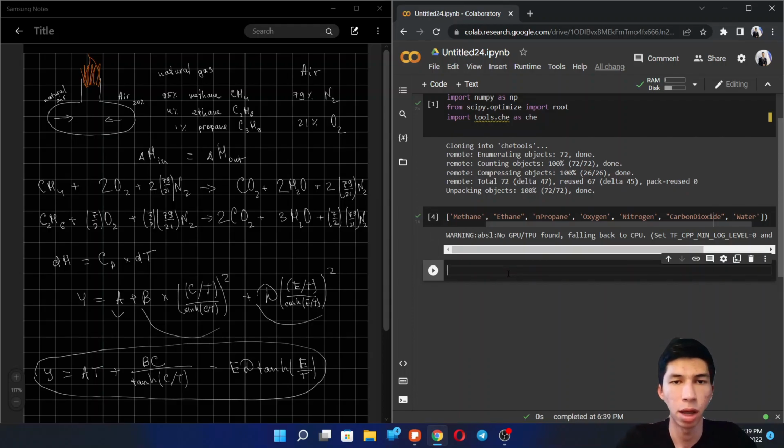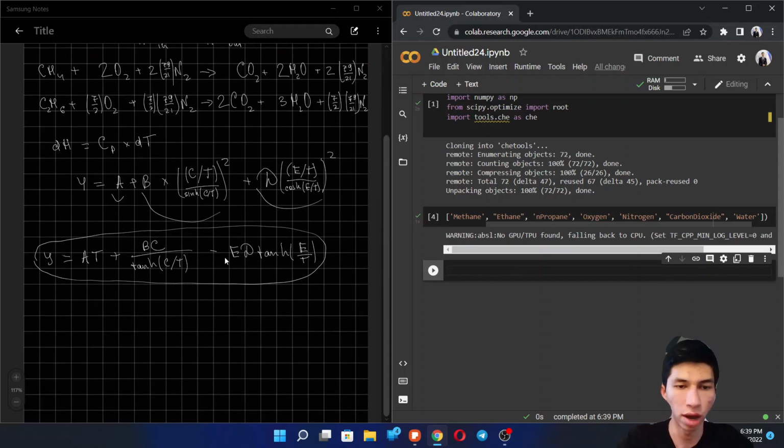So the next step is gonna be to use our integration equation to calculate the enthalpies that are coming in and the enthalpies that are going out of the reaction. So let's just define a function, integrate, so that will return the integral.